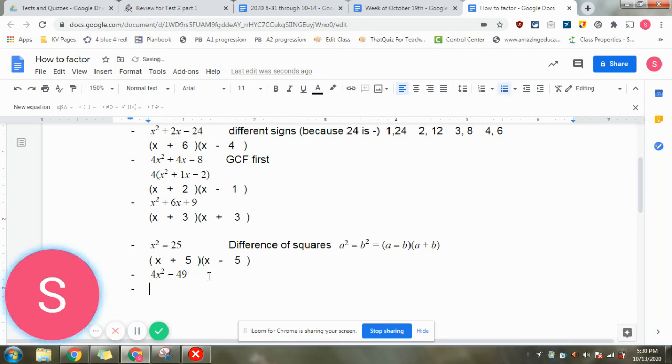Alright, we can also do that with this 4x squared minus 49. Notice the 49, you can't factor out a 4, like we did with this one up here, because 4 doesn't go into 49, so you won't be able to do the GCF thing. You can just go straight into your answer, though. Alright.